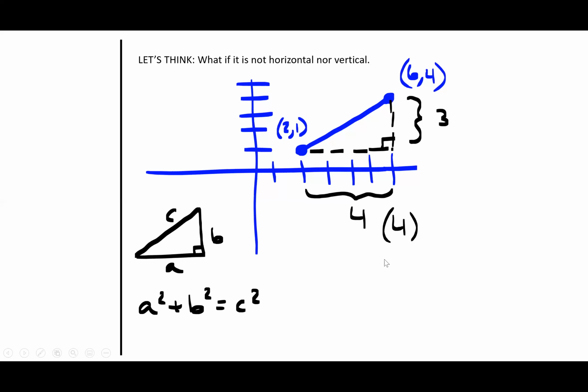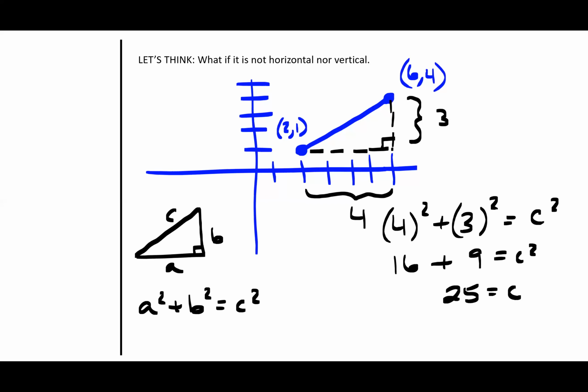There it is, okay. Plug into the formula, or if you already know it, that's fine. But if you're gonna do it like this here, it's gonna go 16 plus 9 equals c squared, 25 equals c squared, c equals 5, which I think we're all good.